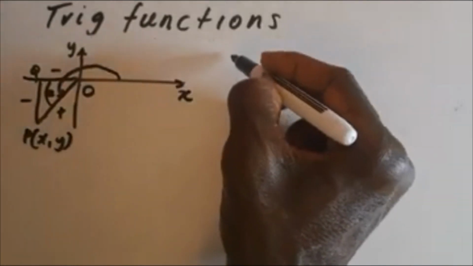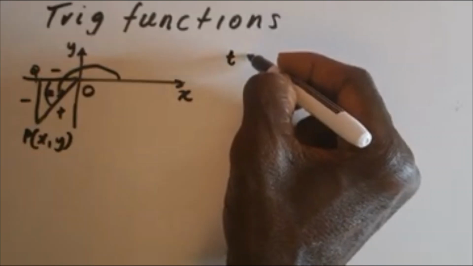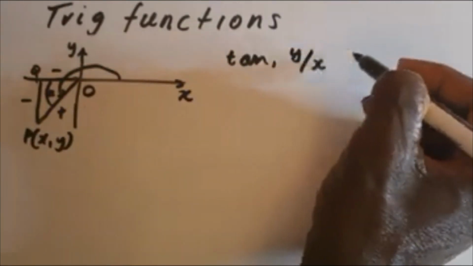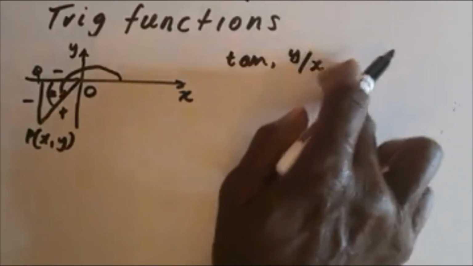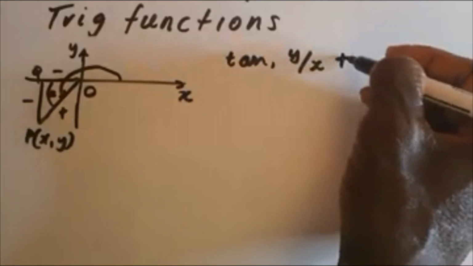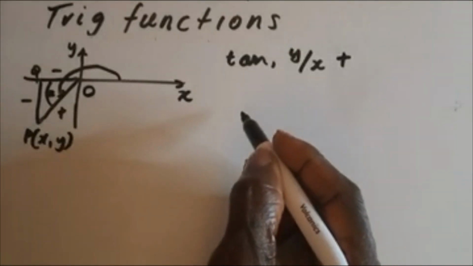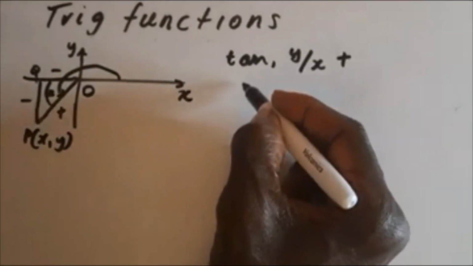So our trig ratios, tan is equal to y over x, and you can check these for yourself and see that they will give you a positive sign. So it's two negatives, one in the numerator and one in the denominator, will give you a positive result.